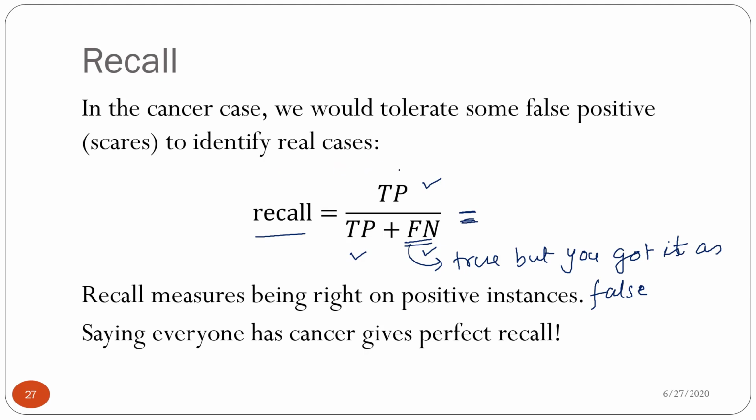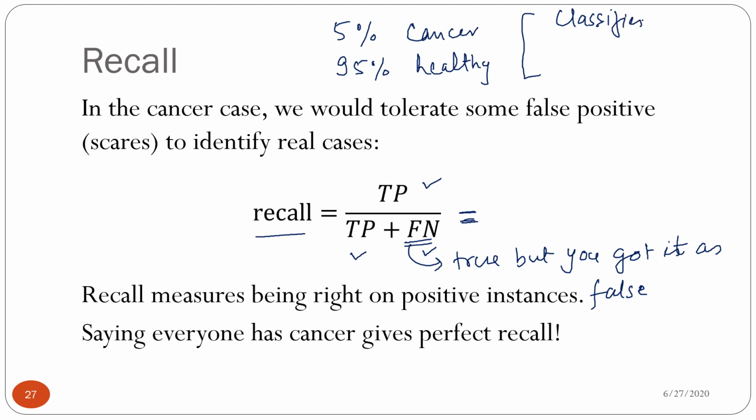As an example, let's use the same example where we have 5% cancer and 95% healthy. Let's think about a different kind of classifier. I'll call this classifier model number 2. This classifier number 2 will say everyone has cancer.